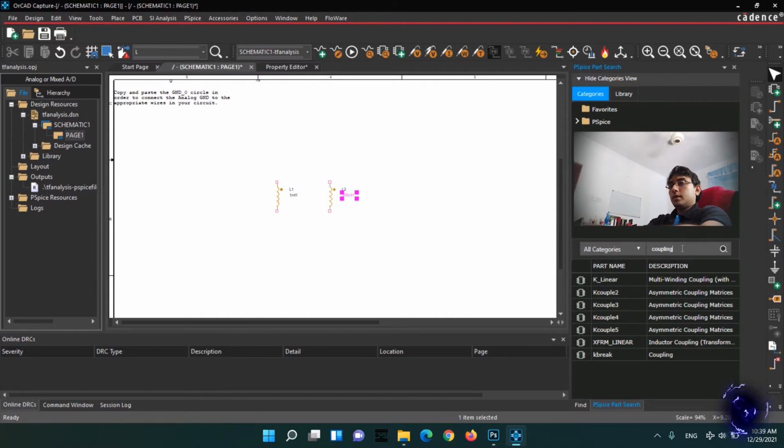Here we have different types of couplings. How about searching magnetics? Magnetic cores.